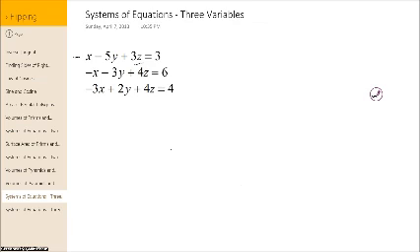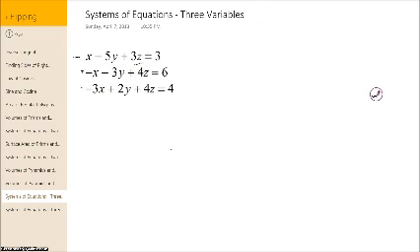So here's my objective. I'm going to use elimination to solve for these. I want to eliminate the x. I'm going to try to eliminate it from both the second equation and the third equation as well. Alright, let's see how that works.